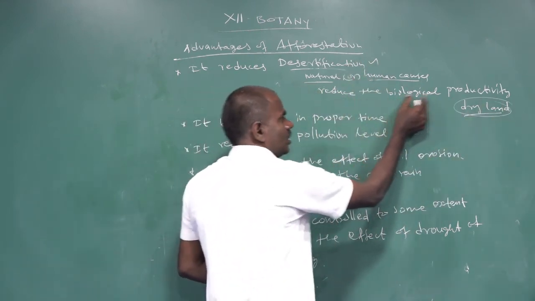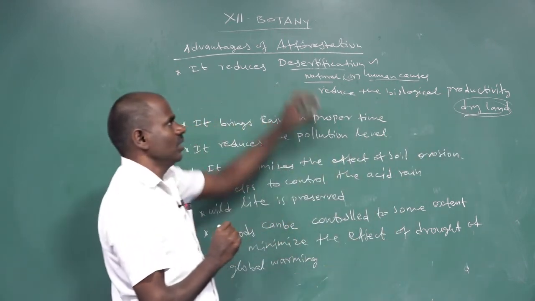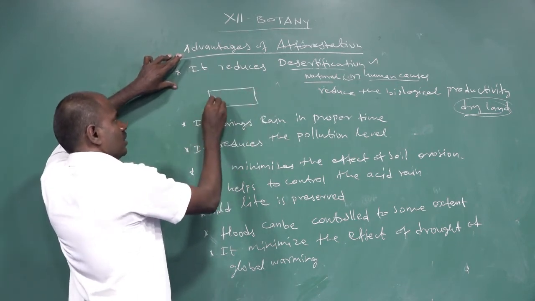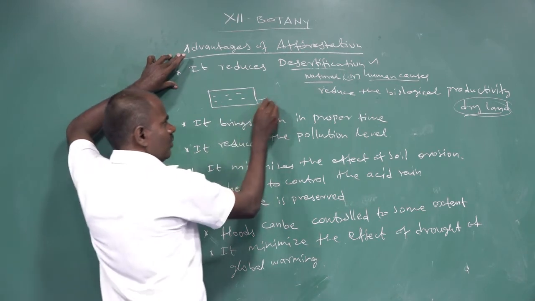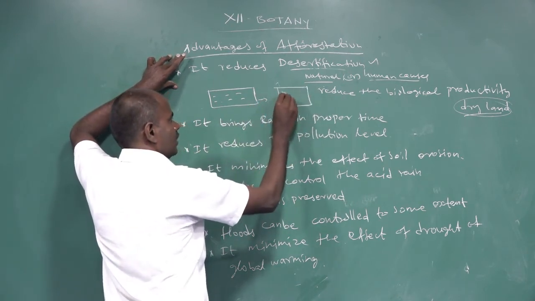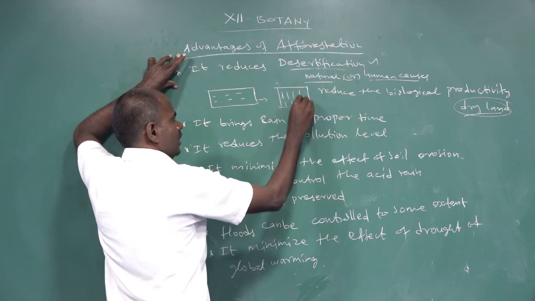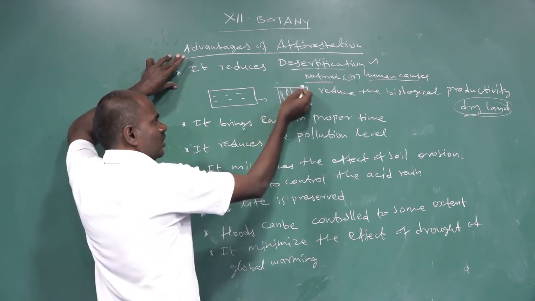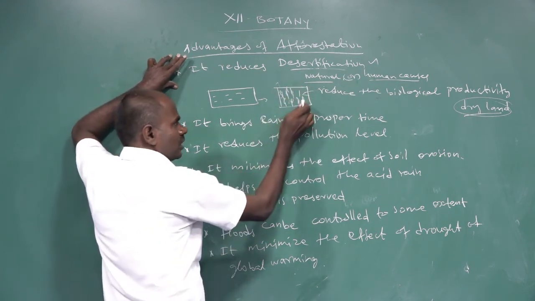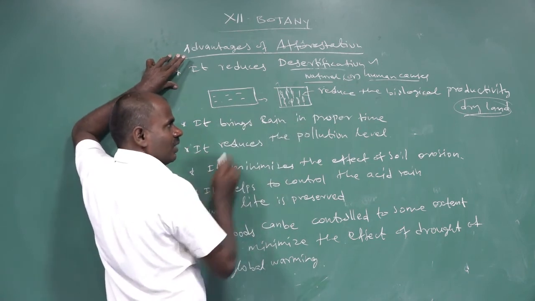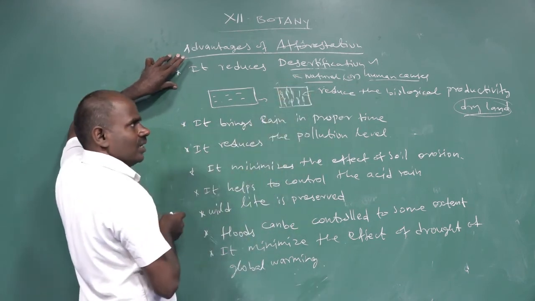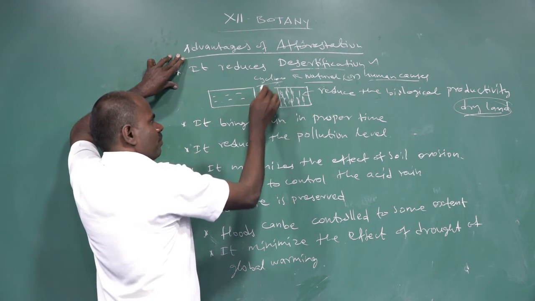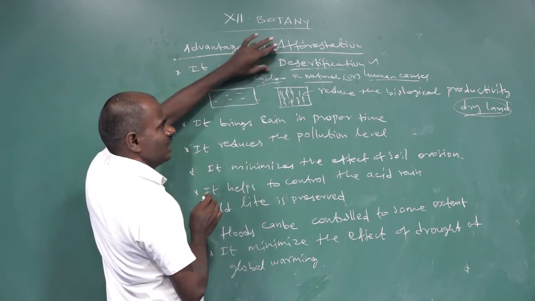The process of reducing the biological productivity of dry land is called desertification. For example, cultivating in forested land, or grassy animals destroying the forest level, or natural disorders like cyclones and earthquakes can cause desertification.